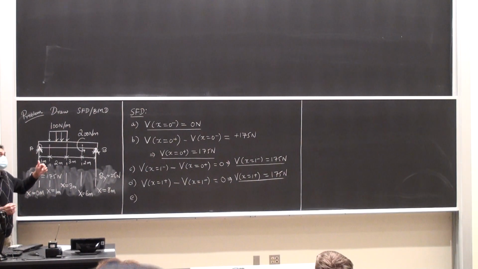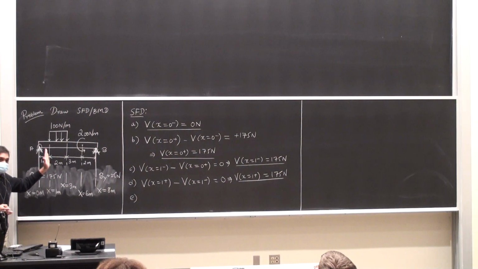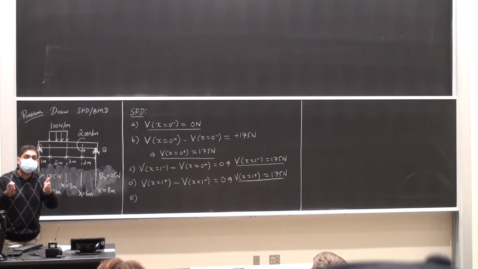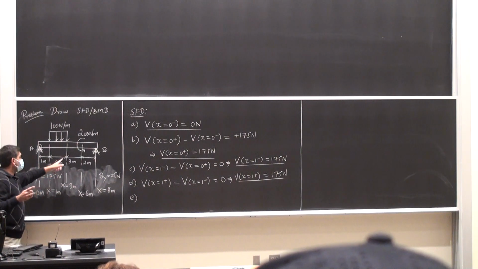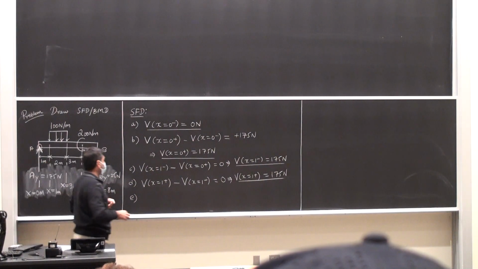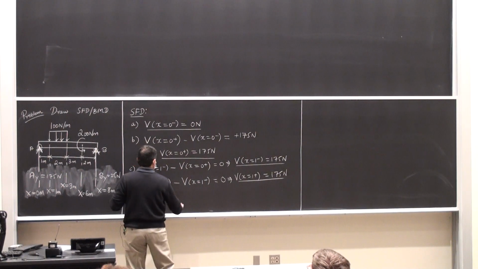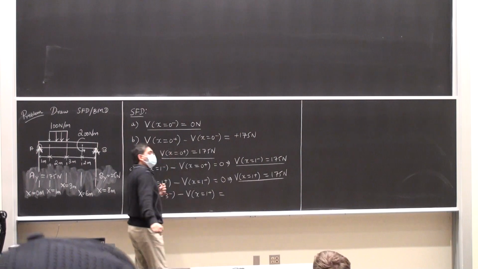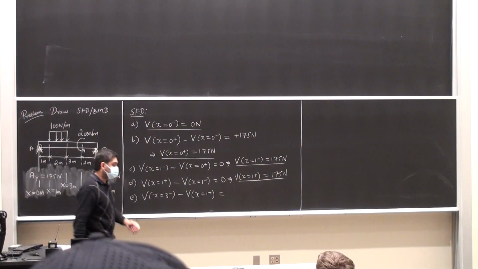Then I do the following. Okay, I have bypassed successfully into the beginning of the distributed load. I go all the way to the end of it, which happens to be at x equals 3 minus. V at x equals 3 minus, minus V at x equals 1 plus. What is this one? You have the handout, some of you may have it open with your iPads.